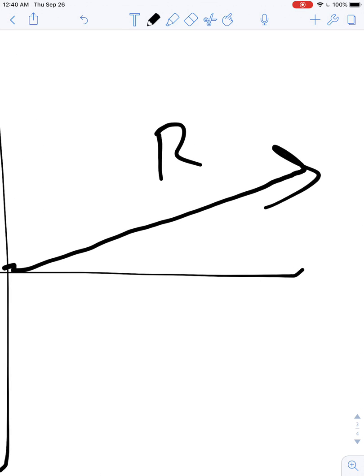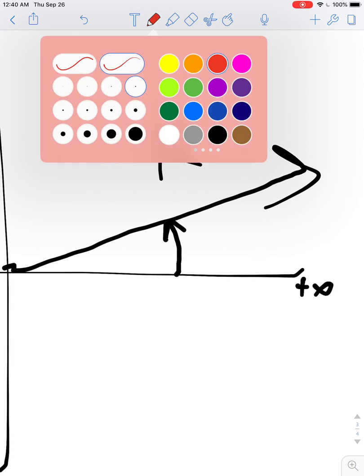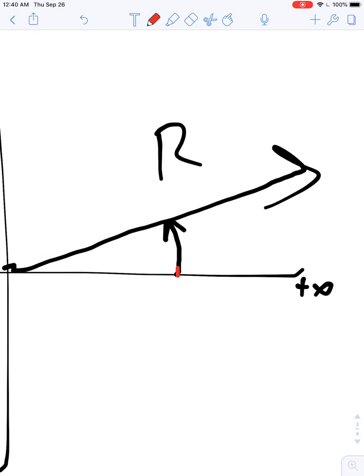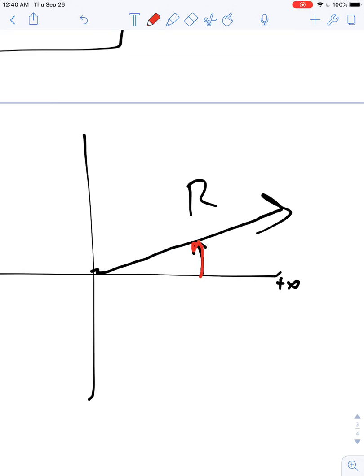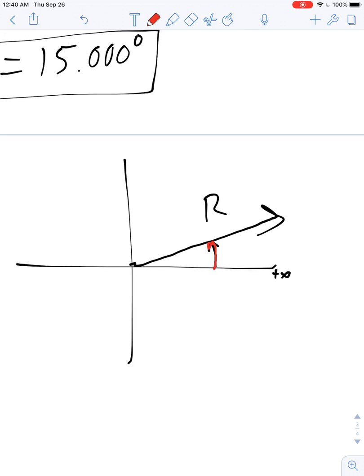WebAssign likes to ask you to reference the angle counterclockwise from the positive x-axis. Start on the positive x-axis and go counterclockwise until you hit your vector. That's your angle.